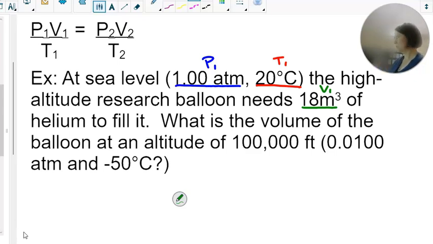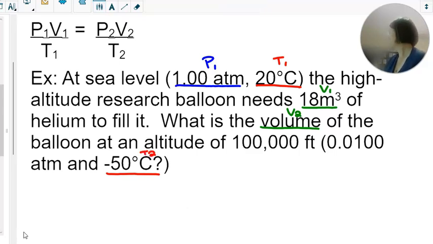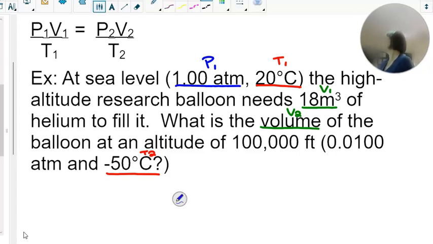What is the volume? So I'm solving for V2 of the balloon at an altitude of 100,000 feet, which is negative 50 degrees Celsius. That is my T2, and 0.0100 atm.